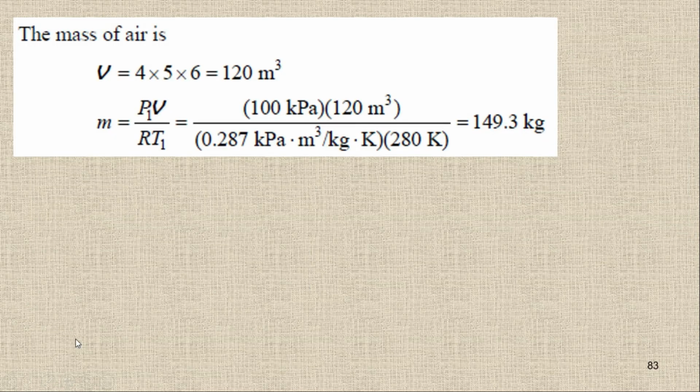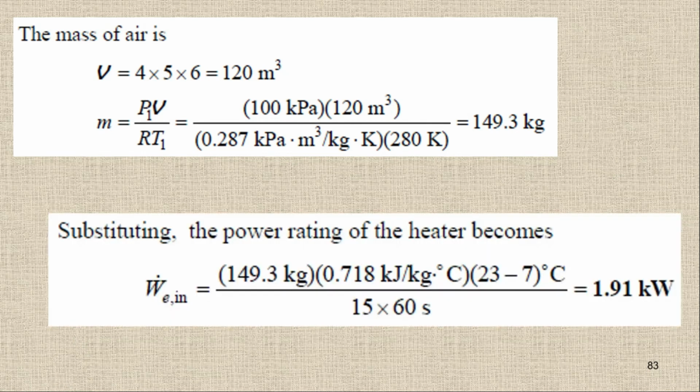After getting the value of M, you simply put the values in the equation, and then you will get the power. For this question, I'm getting 1.91 kilowatt power. It's a simple calculation, and then you will get the answer.